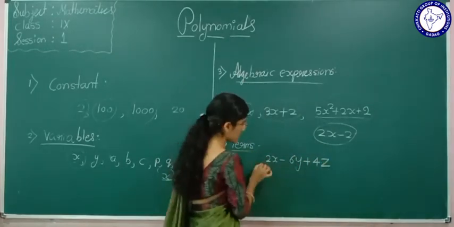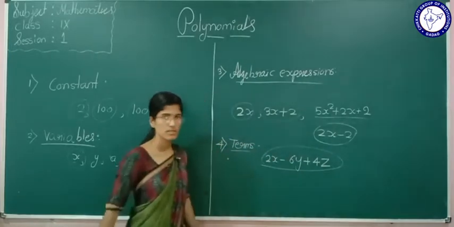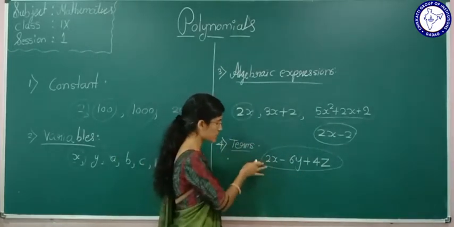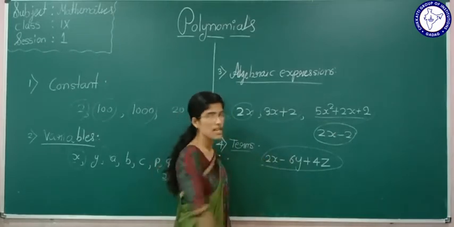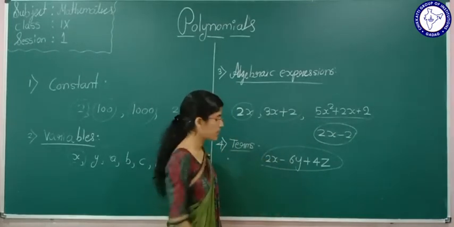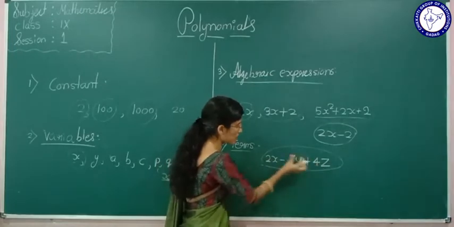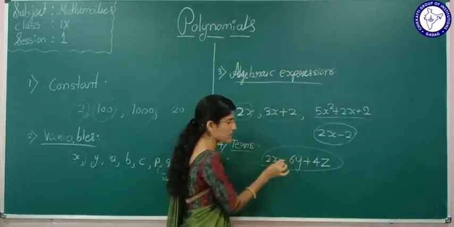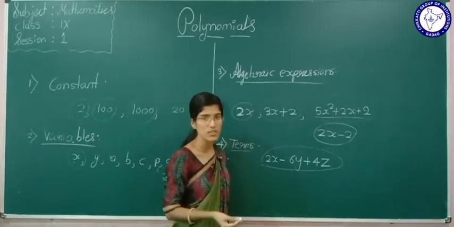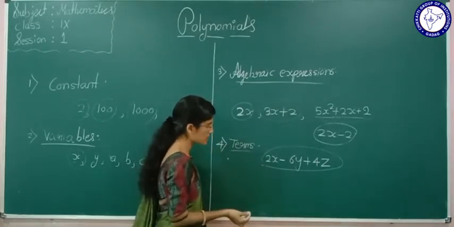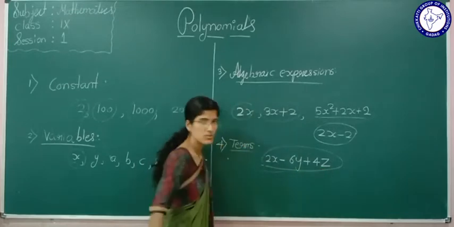This is an algebraic expression. Then what are the terms of this algebraic expression? The several parts of the algebraic expression connected by the plus or minus sign are nothing but the terms of the algebraic expression.